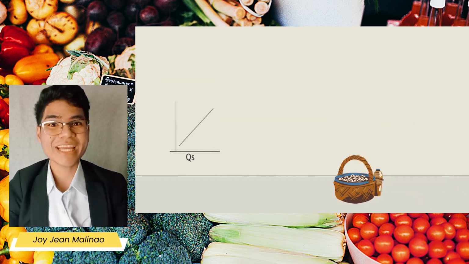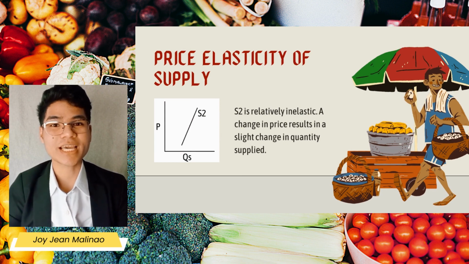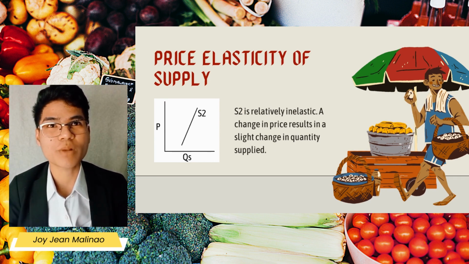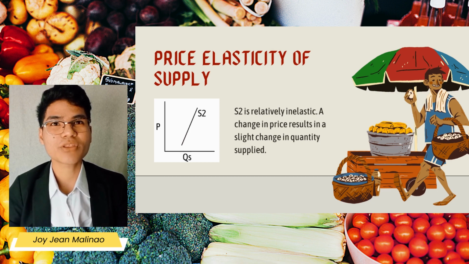This graph states that the supply is relatively inelastic. A change in price results in a slight change in quantity supplied. For example, I avail 9 kilograms of banana from my supplier. As you can see, in the first place, I ordered 10 kilograms, but there's a change in quantity supplied.